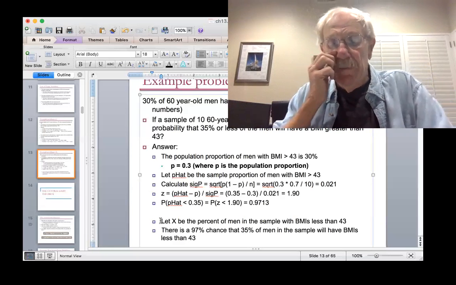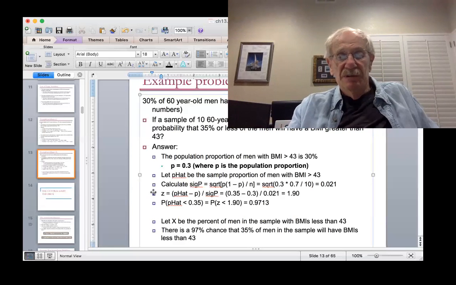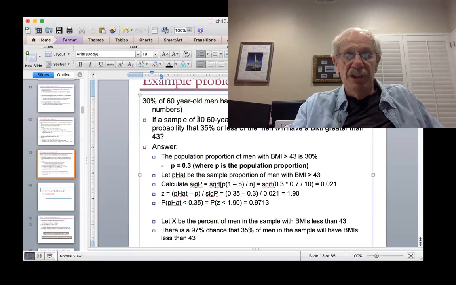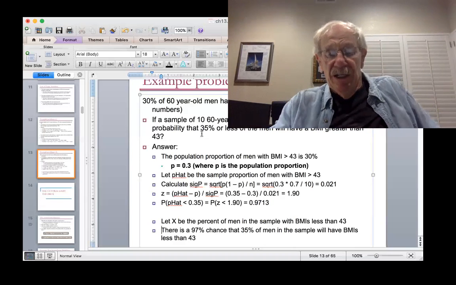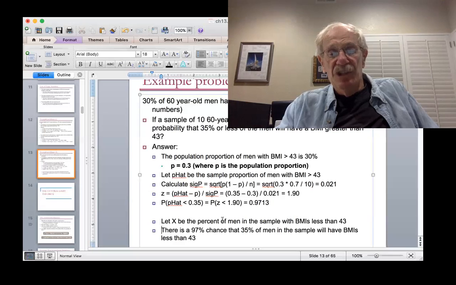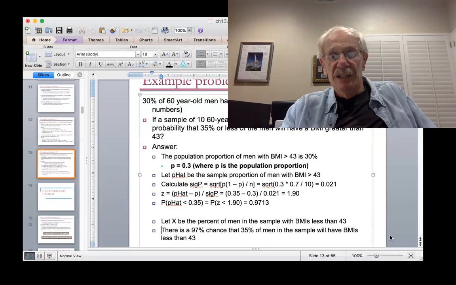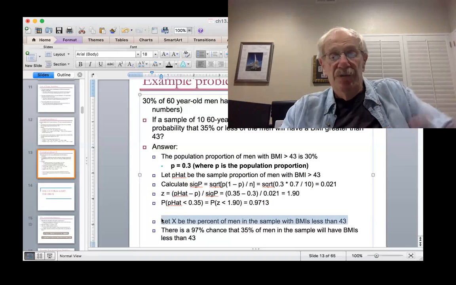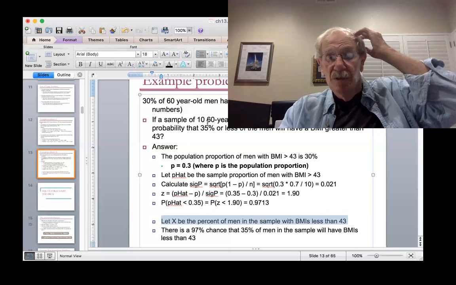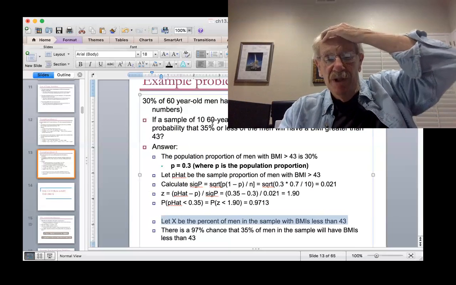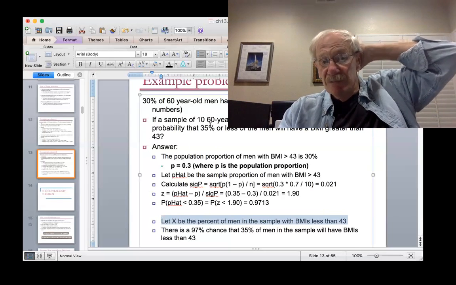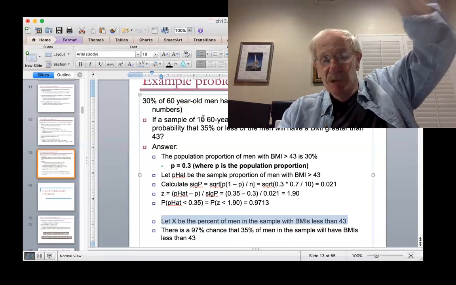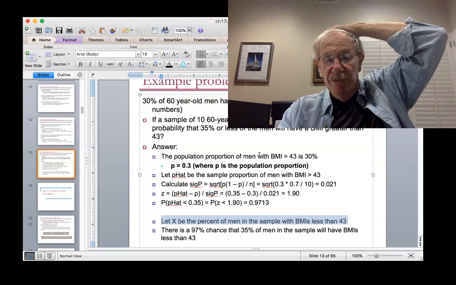So I have my sample; in this case, there's only 10. If I have 2 people with BMIs less than 43, then X is 20%. If I have 8 people with BMIs less than 43, then X is 80%.